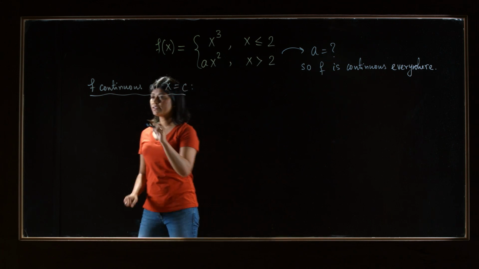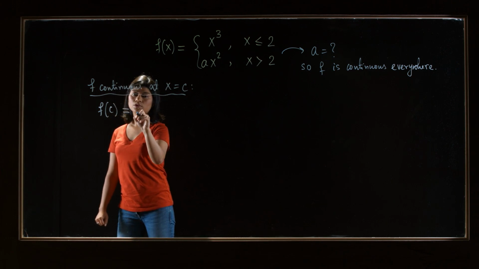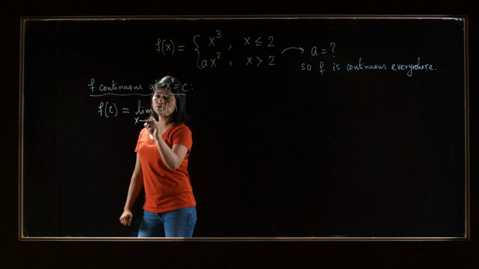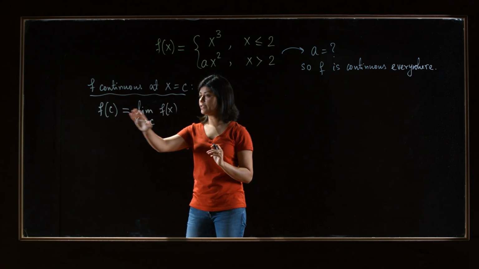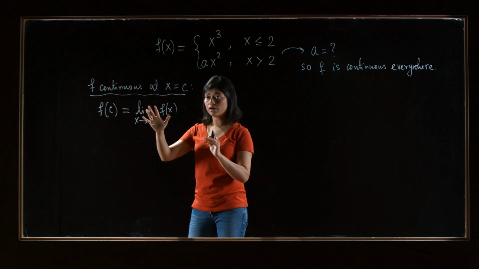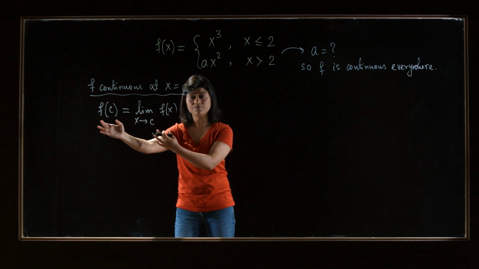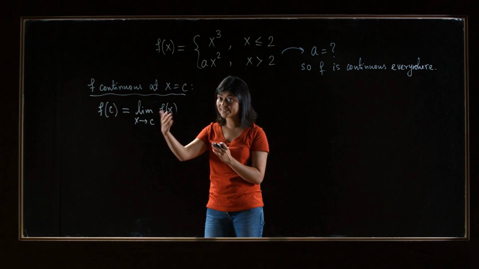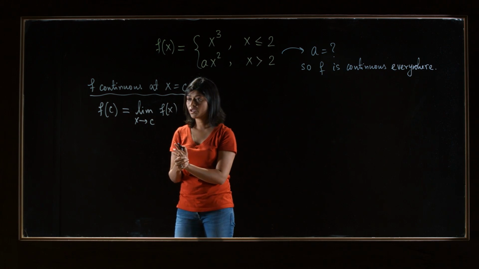The definition is that the function value at c should be equal to the limit of the function as x approaches c. Now notice that when we write this equation, we are also assuming that f of c has to be defined, so c is actually in the domain of the function. The limit has to exist, so it has a value, and the two values are equal.